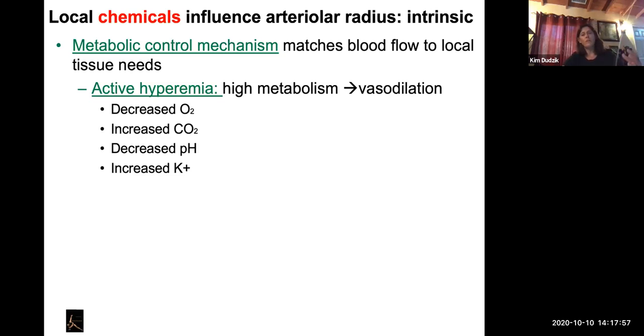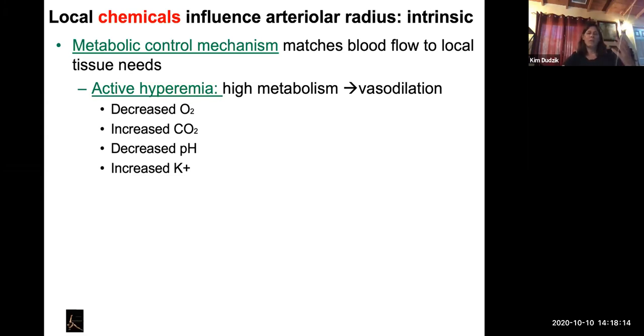When cells are doing a lot of work, remember that many times electrical potentials are occurring, so potassium's going to increase in the interstitial fluid because potassium moves out of cells, remember, and that's where the arterioles are lying.